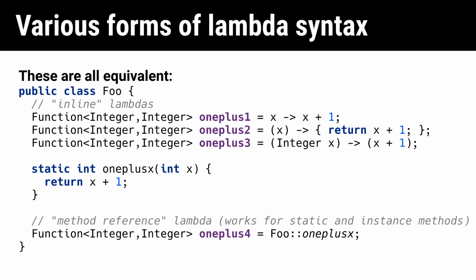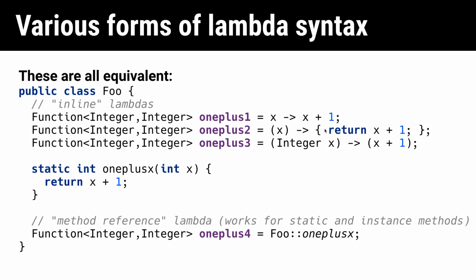Java turns out to support many different ways of writing exactly the same lambdas. So you can see I have version 1, version 2, and version 3 here. These are all exactly the same function. x arrow x plus 1, or you can put parentheses around the arguments if you want. You can have an open curly brace and have any block of code.